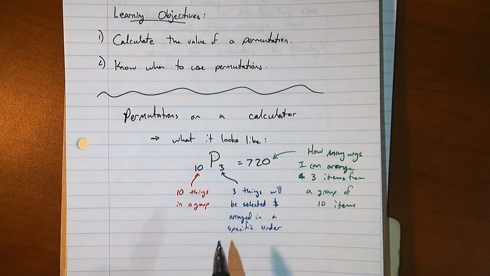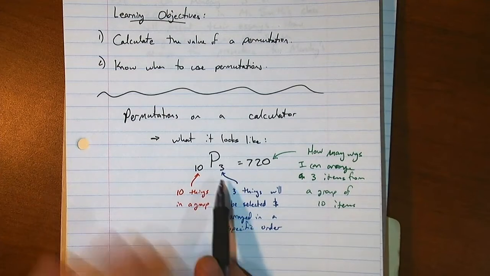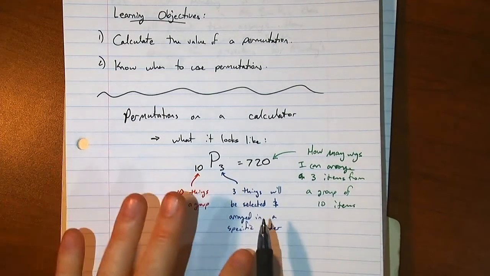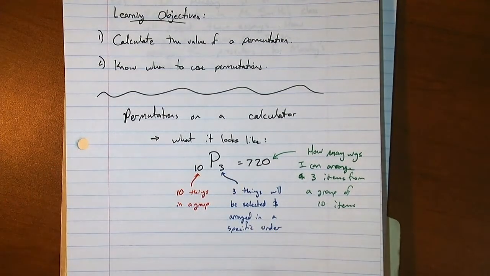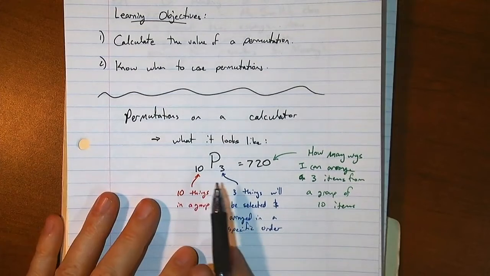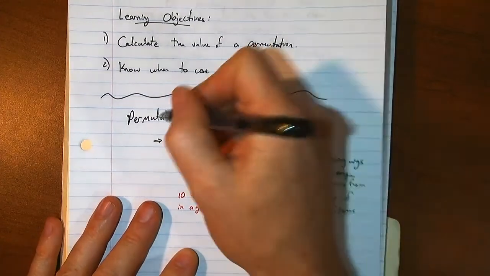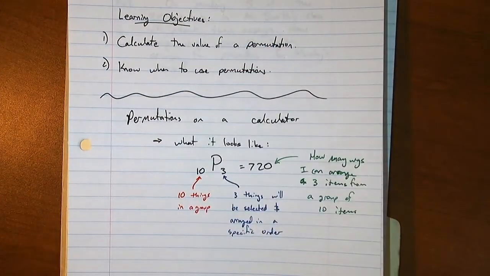So you can see that permutations deal a lot with selecting things from a group and then arranging them in an order. Now, I will say that's the easiest way to understand a permutation, but you'll see when you get into some of the homework problems that that concept can spill over into other ideas. We don't necessarily have to be arranging runners in a race.